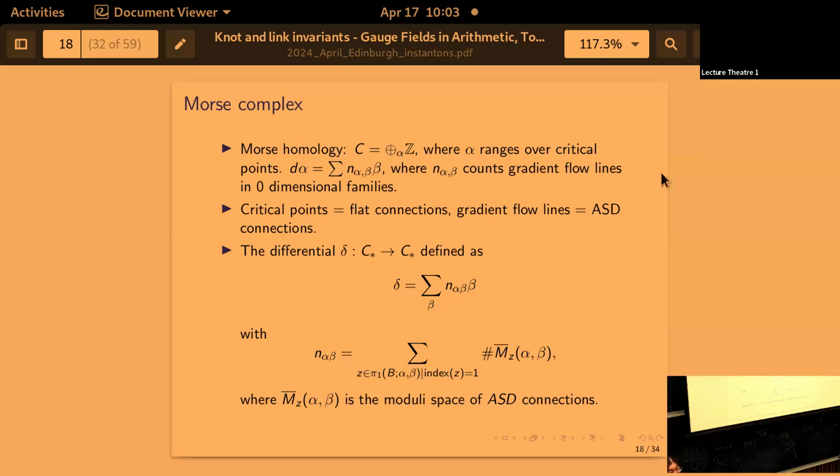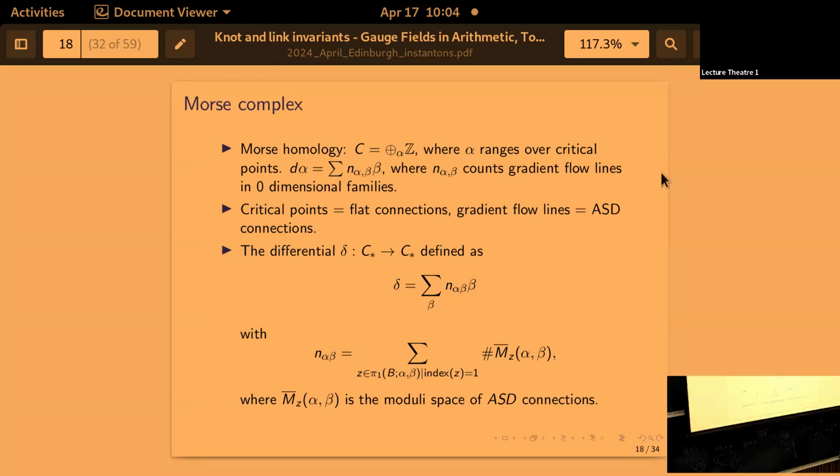You have to choose a metric in order to define the Hodge star, and you need to choose a perturbation, because usually the Chern-Simons functional is not going to be a Morse-Smale function. But it's not very hard to show that what you get is independent of the metric and perturbation. So basically, it's a gadget: we're given a 3-manifold, and it spits out some homology, and that's called the Floer homology, or the instanton Floer homology, of the 3-manifold.